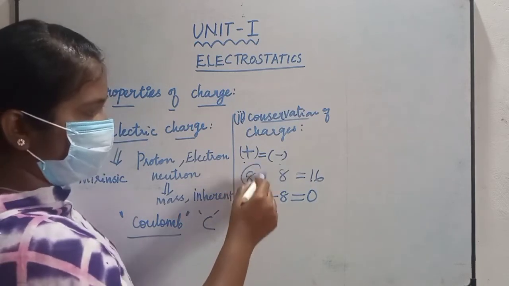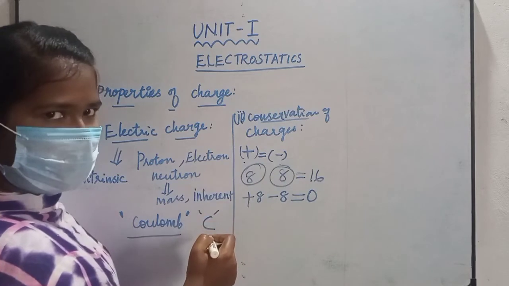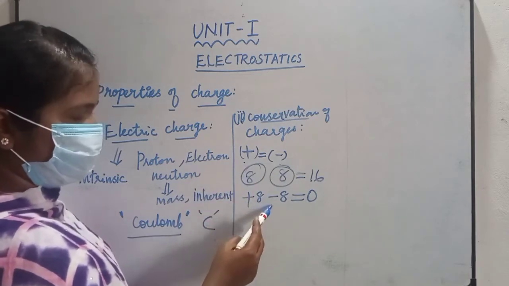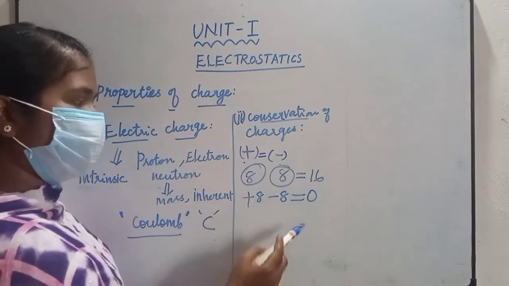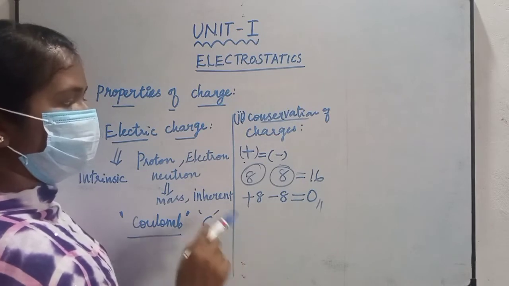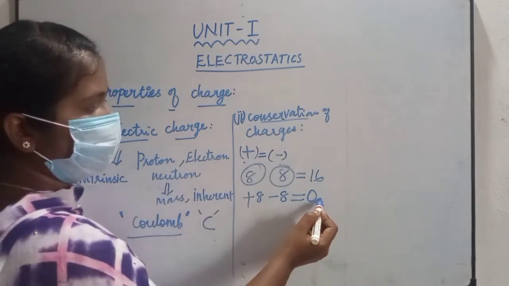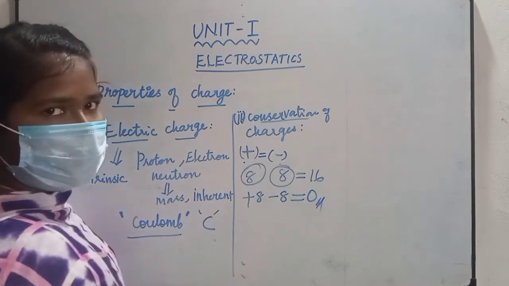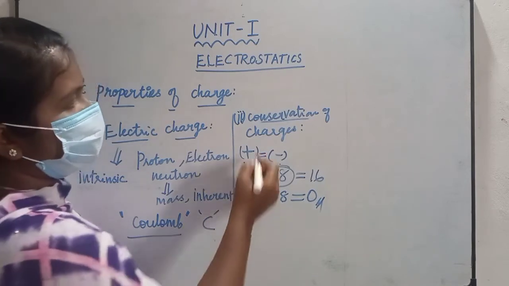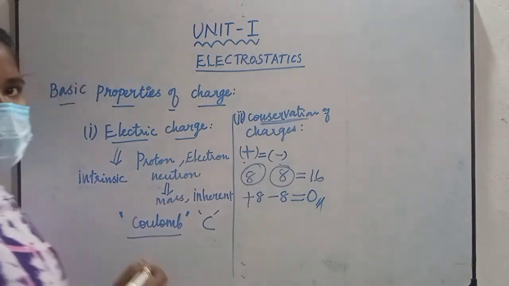So we have 8 electrons and 8 protons, but if we look at the difference between the two, it gets to 0. So in the universe, the total change in charge is equal to 0. We call that the net change in charge. So this property is the conservation of charges.